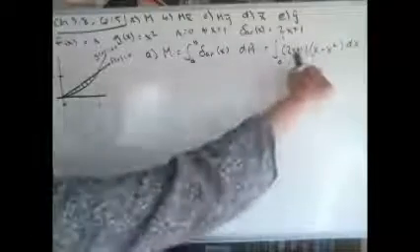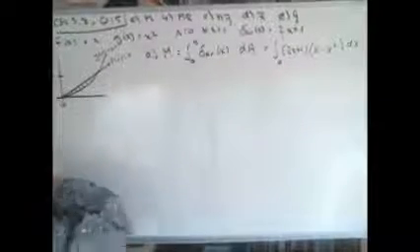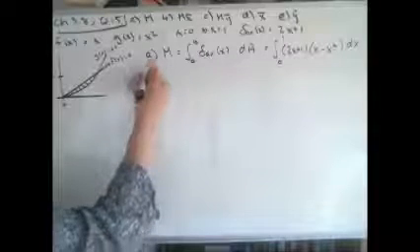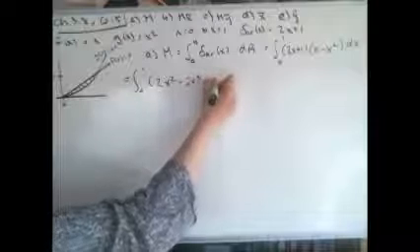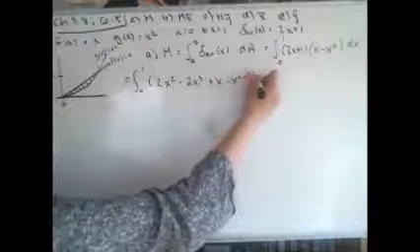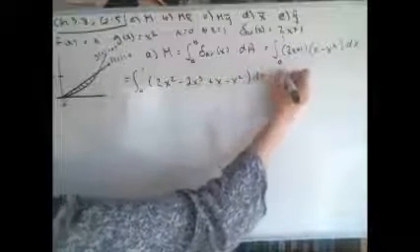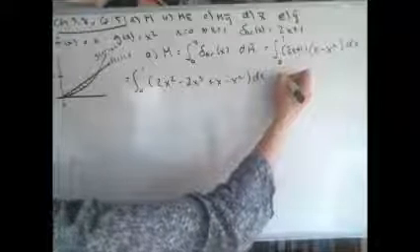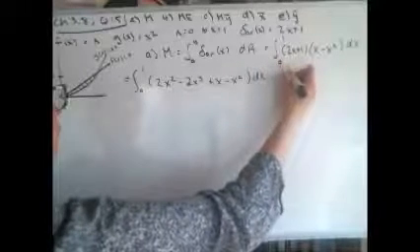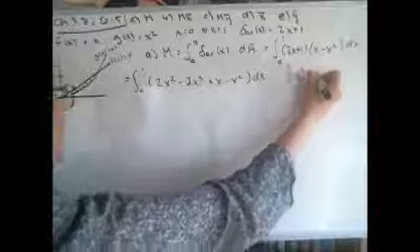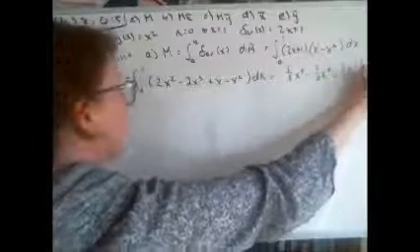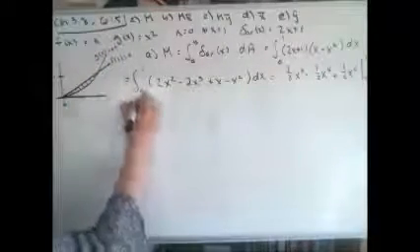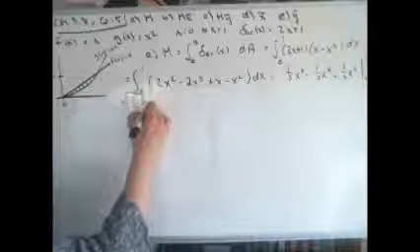So I would FOIL these two up, and then I would do the power rule. It's going to end up looking like the integral from 0 to 1 of 2x squared minus 2x cubed plus x minus x squared dx. And I'm going to get 1/3 x cubed minus 1/2 x to the 4th plus 1/2 x squared, going from 0 to 1, which is going to give me an overall mass of 1/3.